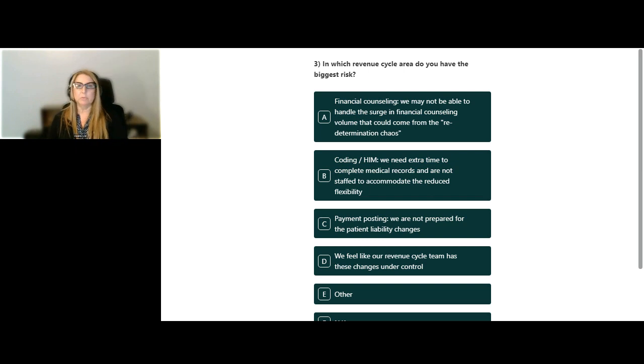Oh, and before we get to the polling question, there was a question that came around the comment of an extended period for compliance. What that's really related to is provider relief funds. Compared to the uninsured, underinsured program, with provider relief funds, number one, an organization is subject to audit at any point in time, as with the uninsured program.